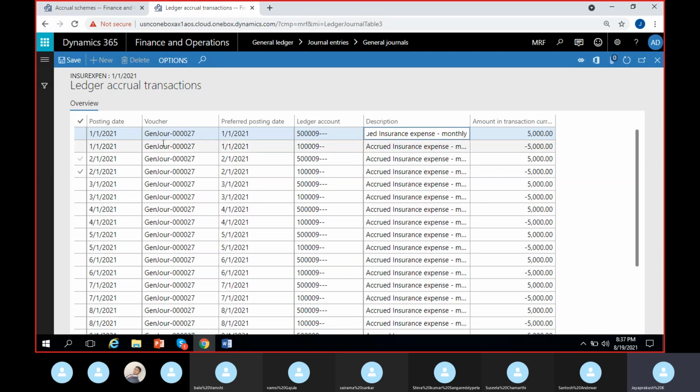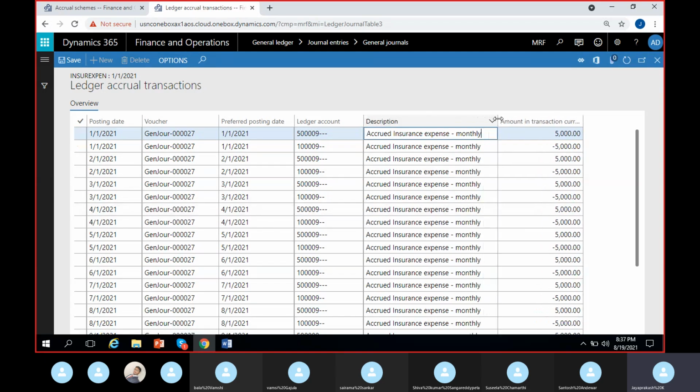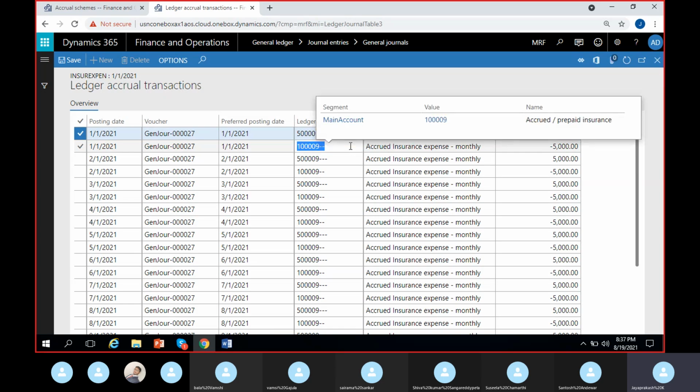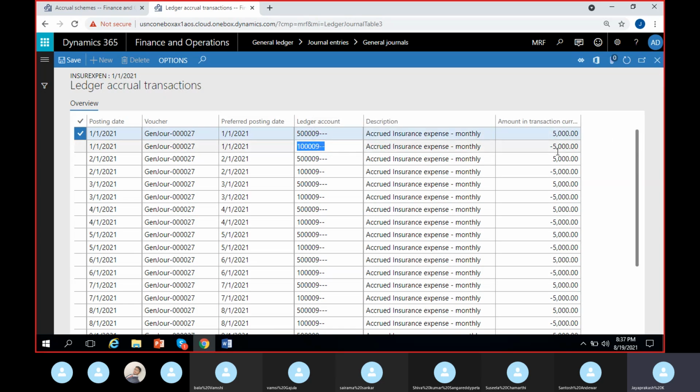So it is going to divide the journal that we are posting in this way. So every month, at the starting of the month, this insurance expense account is debited for 5,000, and prepaid insurance, an asset account, is being created for 5,000.